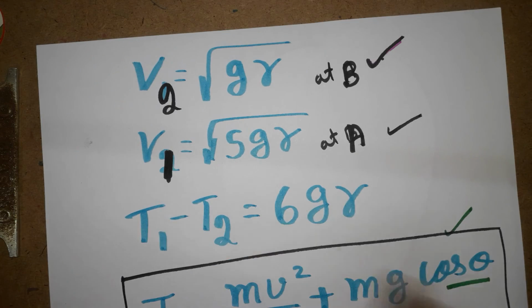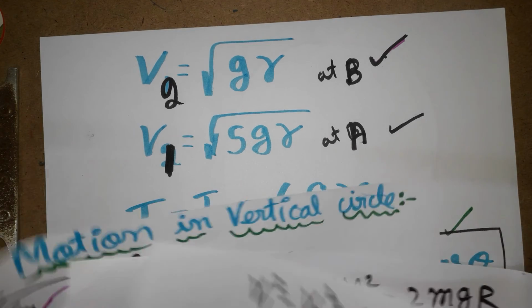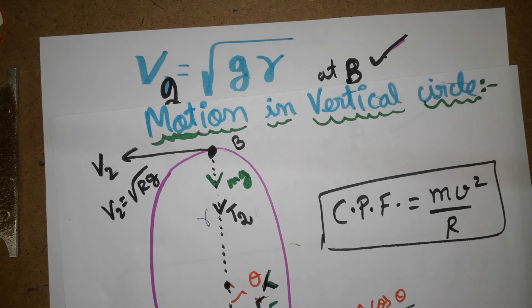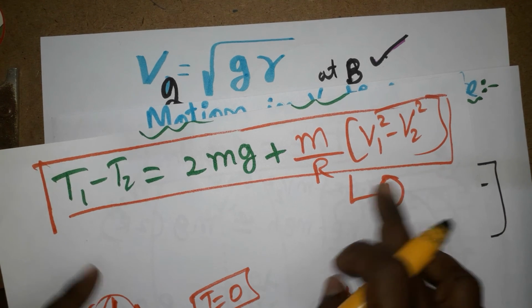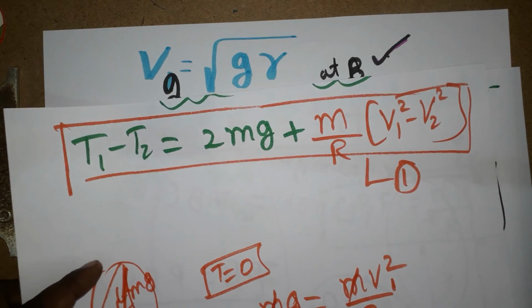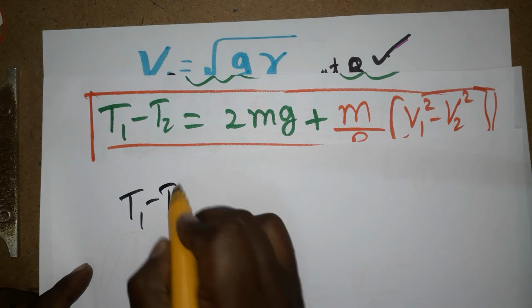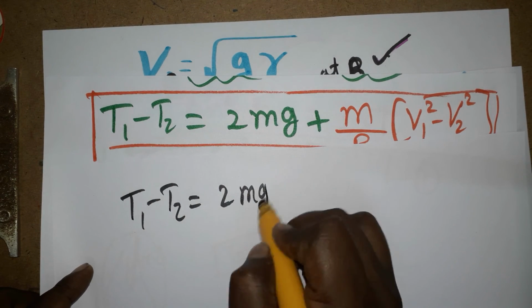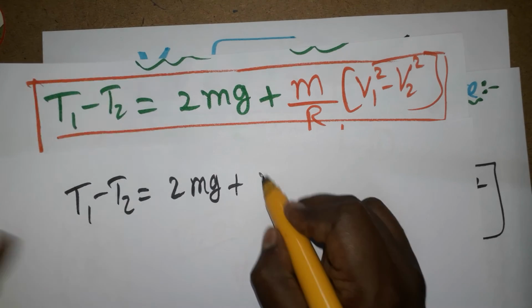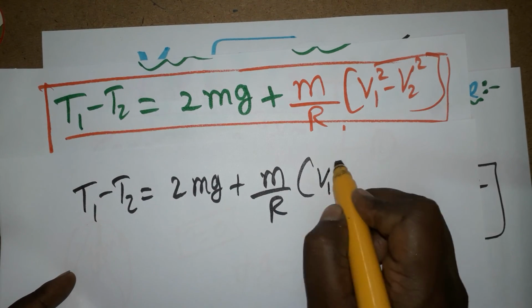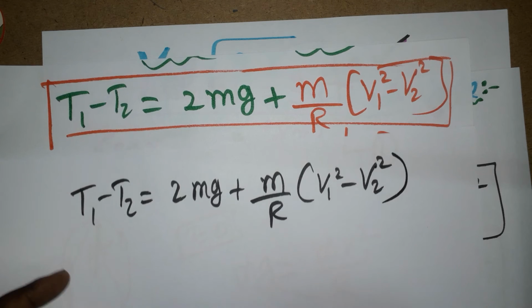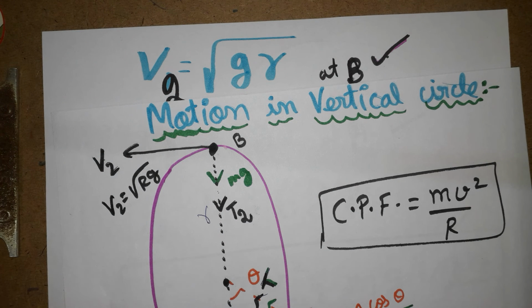Now we are going to find the tension difference. We have another equation for T1 minus T2, which I already gave as equation 1. T1 minus T2 is equal to 2mg plus m divided by r times (v1 square minus v2 square). Now we have v1 square minus v2 square.